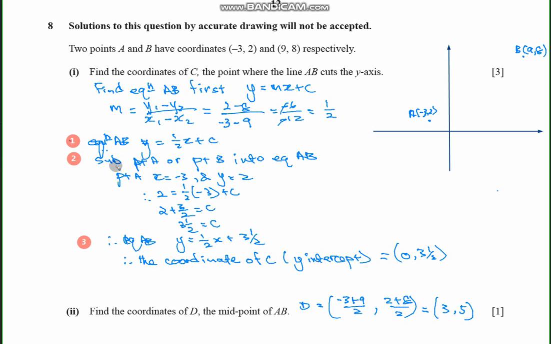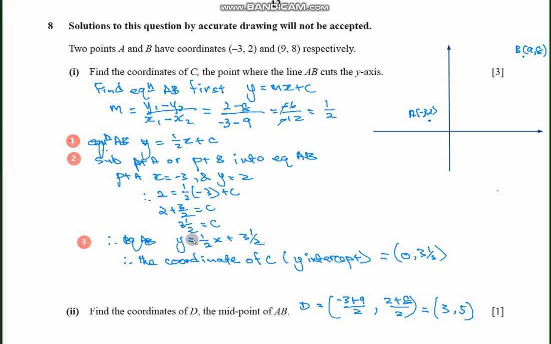But then step number 2 is we can either pick point A or B to substitute into this equation where the gradient has been found. So you have picked point A, x equals minus 3, y equals 2. You substitute into this equation: the 2 represents the y, and the x is minus 3. After simplifying, c becomes 3.5.